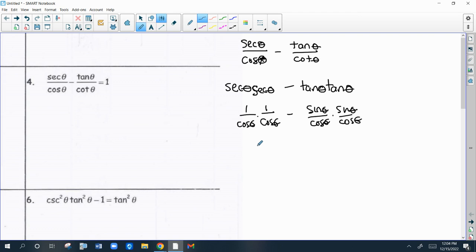So multiply these together. 1 minus 1 over cosine times 1 over cosine is 1 over cosine squared. Sine times sine is sine squared. And cosine times cosine is cosine squared. So I do have a common denominator here, so I can write this as 1 minus sine squared all over cosine squared.